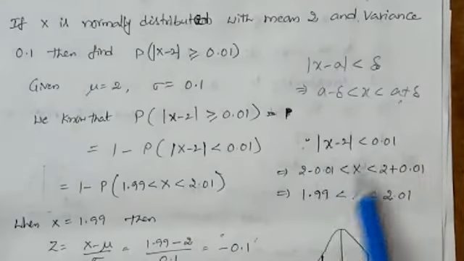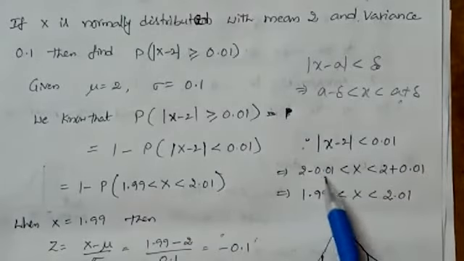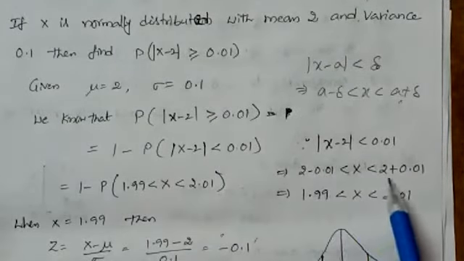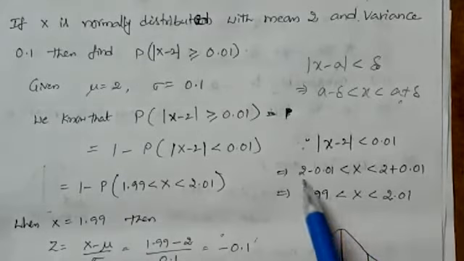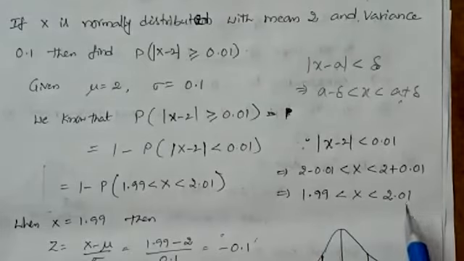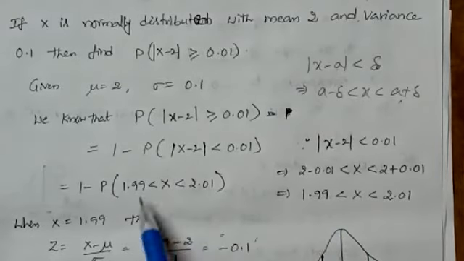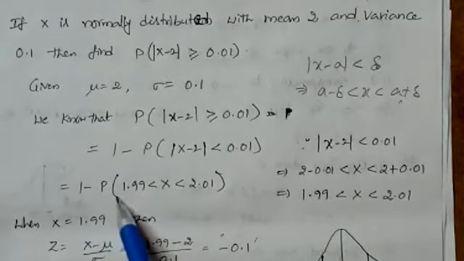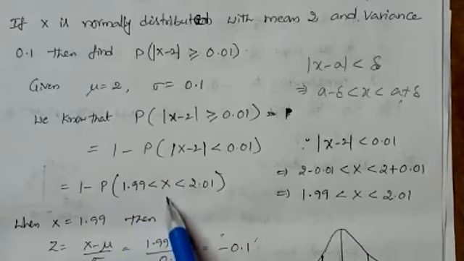So substituting, you get 2 minus 0.01 less than x less than 2 plus 0.01. By subtracting, you get 1.99. By adding, you get 2.01. So in the place of this modulus, I have written 1 minus P of 1.99 less than x less than 2.01.